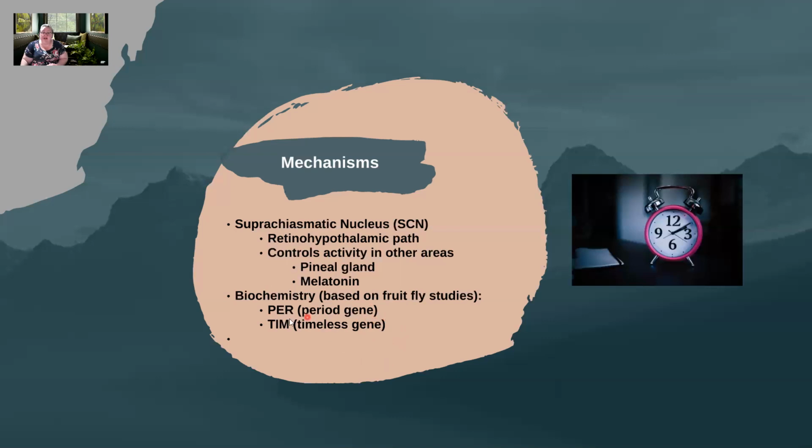The period gene is related to the PER protein, and the timeless gene is related to the TIM protein. These two proteins have been shown to be important with sleep-wake cycles.